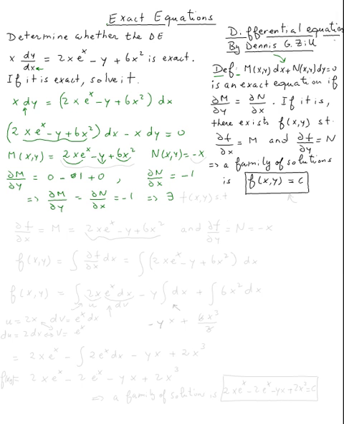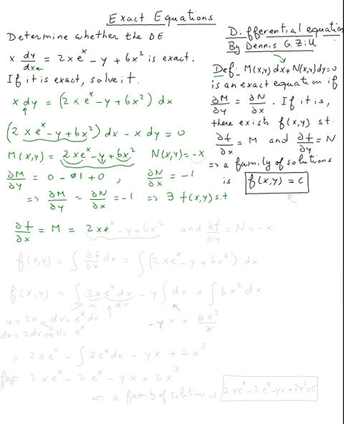Therefore, there exists a function f of x, y such that partial f with respect to x is equal to M, but we know what M is. M is, what is it, right here?